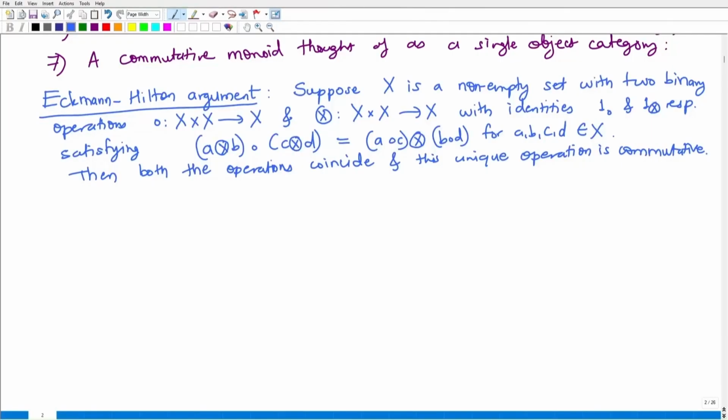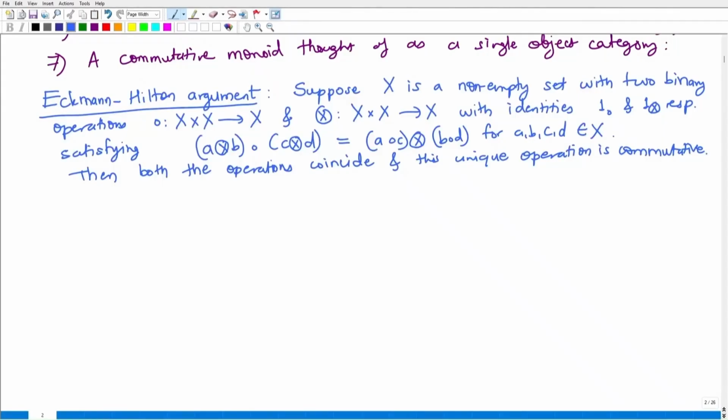In fact, I read a story that Eduard Čech, we have seen the Stone-Čech compactification, came up with a proof of some result, and then these two people did not let him publish his proof, and they minimized his importance to a single paragraph in the proceedings of that conference by providing this argument. Okay, so this argument is quite simple.